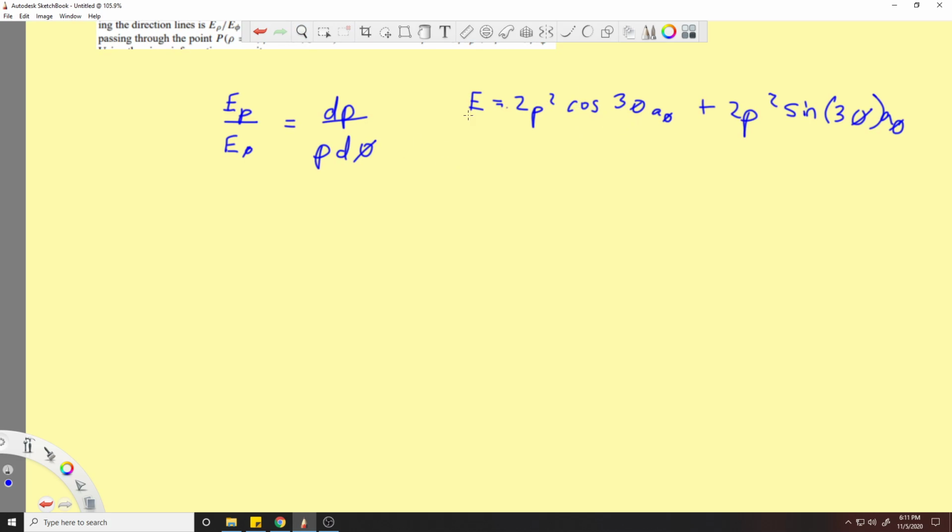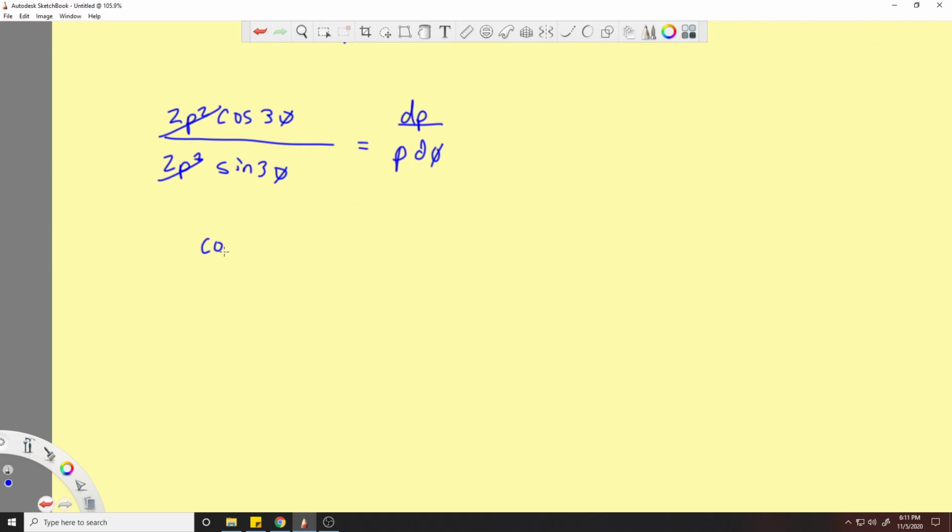So the E rho component is 2 rho squared cos 3 phi, and the E phi component is 2 rho squared sine 3 phi, which works out nicely. Then we have this stuff over here, and we see that these will cancel.